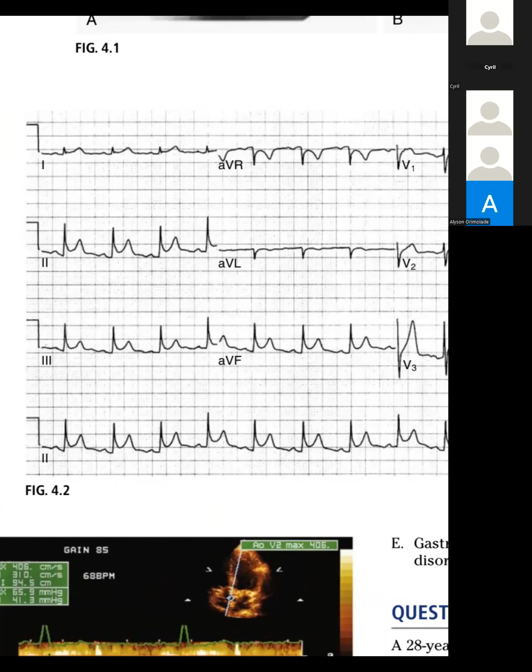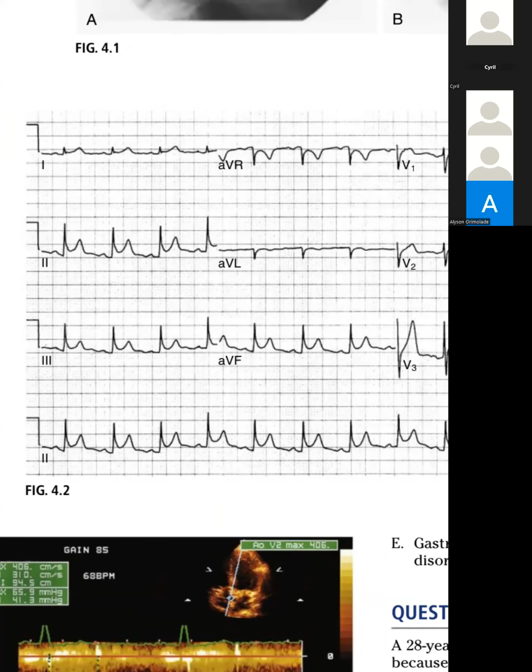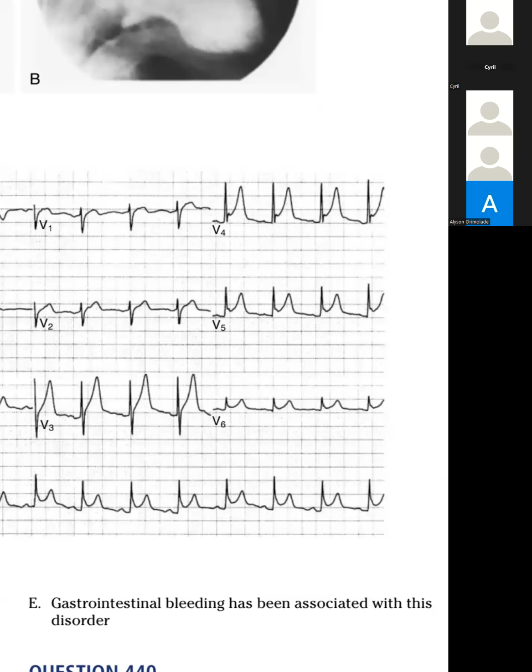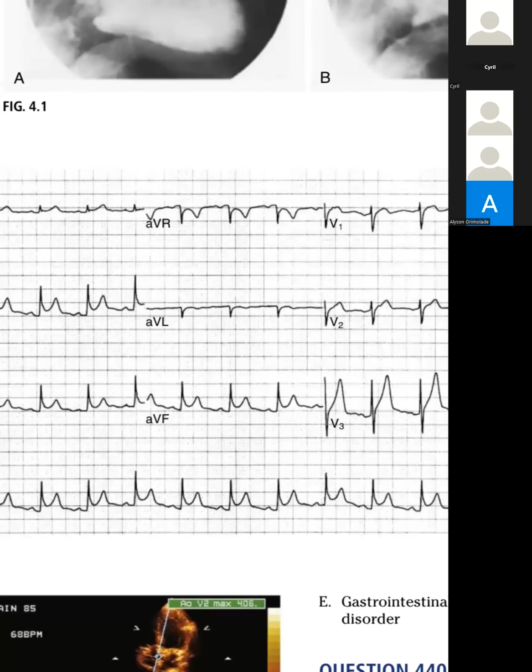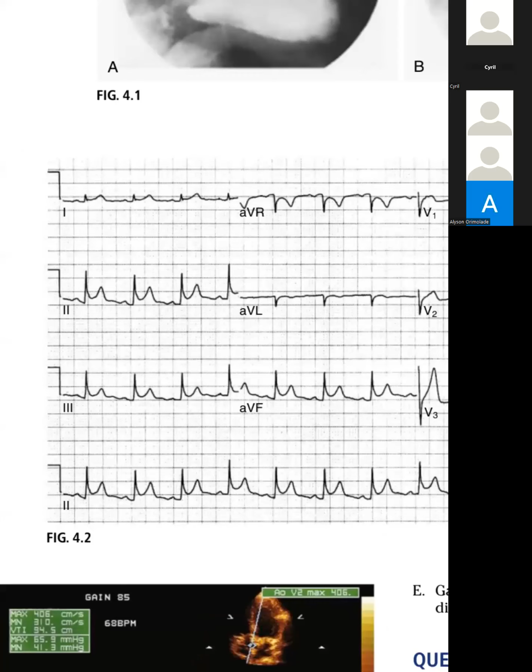If you look on leads 1, 2, 3, and also V4, V5, V6, it is also seen on others, but it's more prominent on 1, 2, 3, V4, V5, and V6. So the PR segment is actually depressed if you look closely. It's very clear, really.